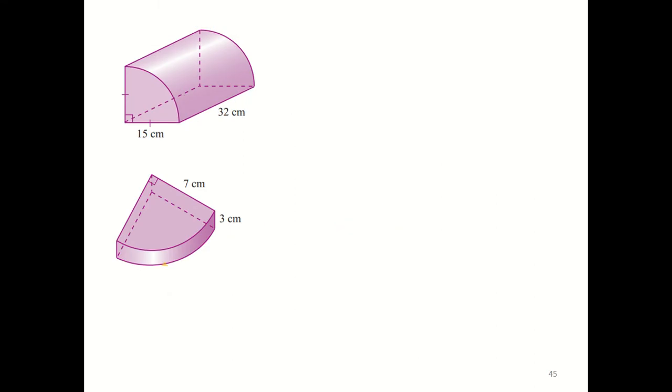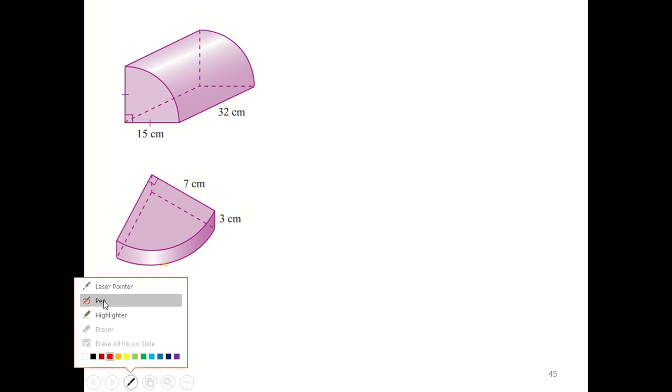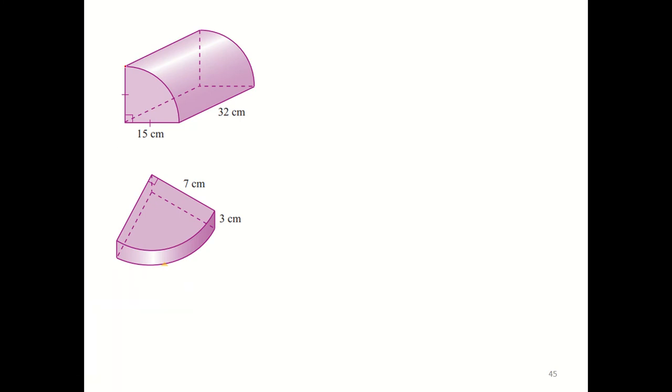Here we're given a quarter of a cylinder, and I'll show you why I'm saying it's a quarter of a cylinder. Please note that if it was a full cylinder, it'll be something like this.